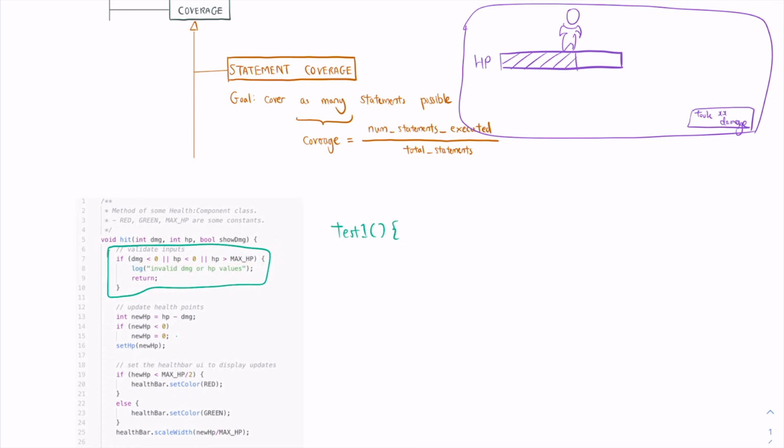So let's do that by calling the method under test now with the variables that will allow us to satisfy that condition. For example, we put -1 as the damage value, 0 as the HP value, as well as true for the show damage value.